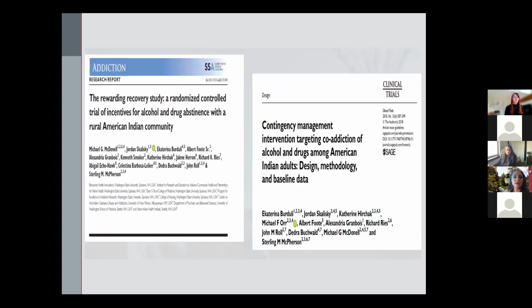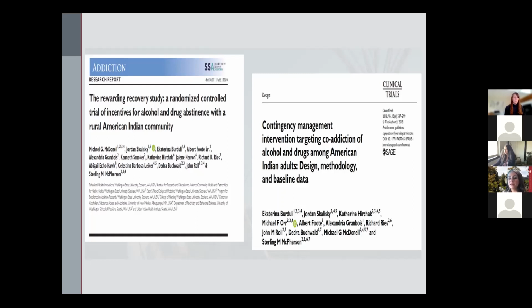So talking about the Rewarding Recovery study, for those of you who may not be familiar with contingency management, it's an intervention where a tangible reinforcer is provided for demonstrating a specific behavior. So in this instance, drug or alcohol abstinence, the target behavior or the behavior change that you're wanting to address, you monitor that, and then you provide a reward when that behavior occurs.